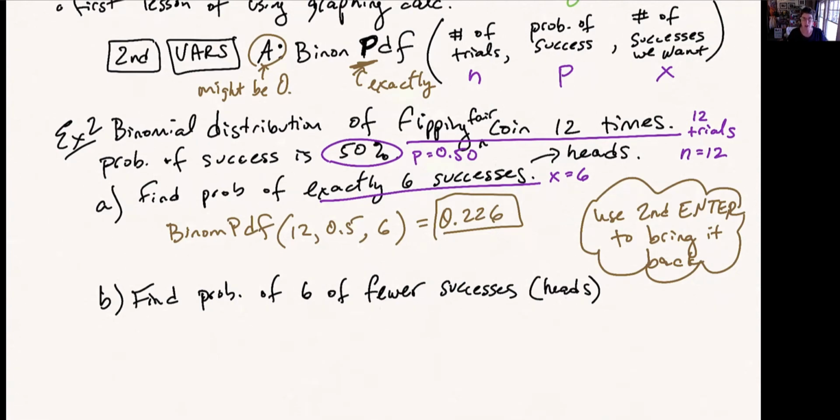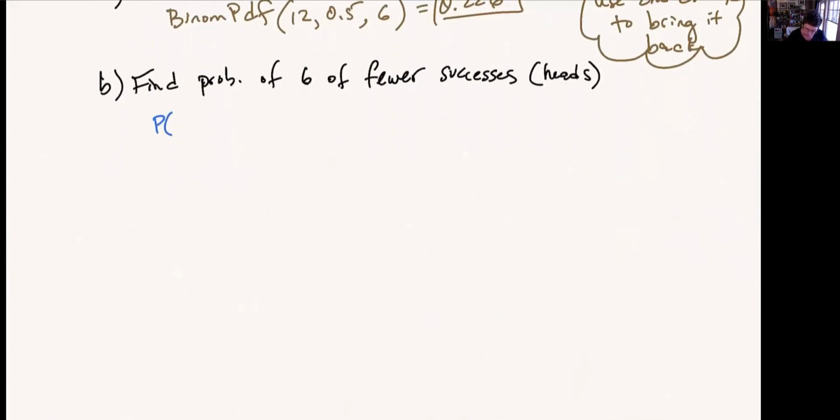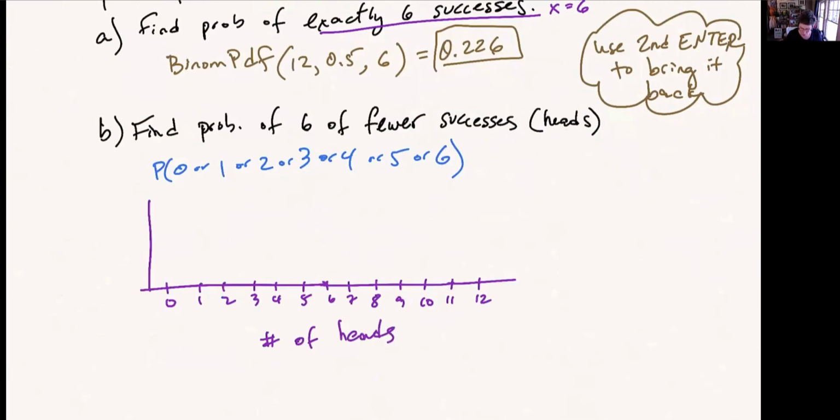So that's why we talk about this cumulative probability. What this really means is we're finding the probability of 0 or 1 or 2 or 3 or 4 or 5 or 6. So if we look at our probability distribution, what that might look like is this. Each of these values represents the number of heads that I get when flipping a coin 12 times.